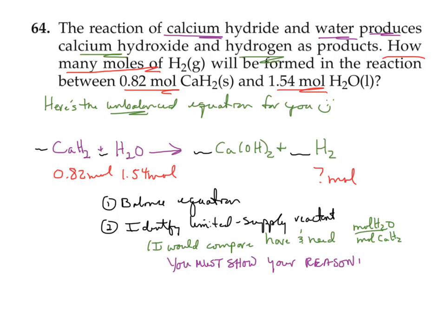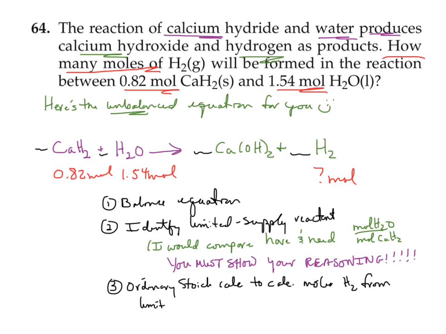Compare a have and a need ratio, or show your reasoning. How do you know which one's the limiting reactant? Then proceed with an ordinary stoichiometric calculation based upon the limiting reactant to get to moles of H2. Again, this one's different than the one we pulled ourselves through because you don't have to mess with grams. You're just straight moles. Life is simple. So that one's not too bad.